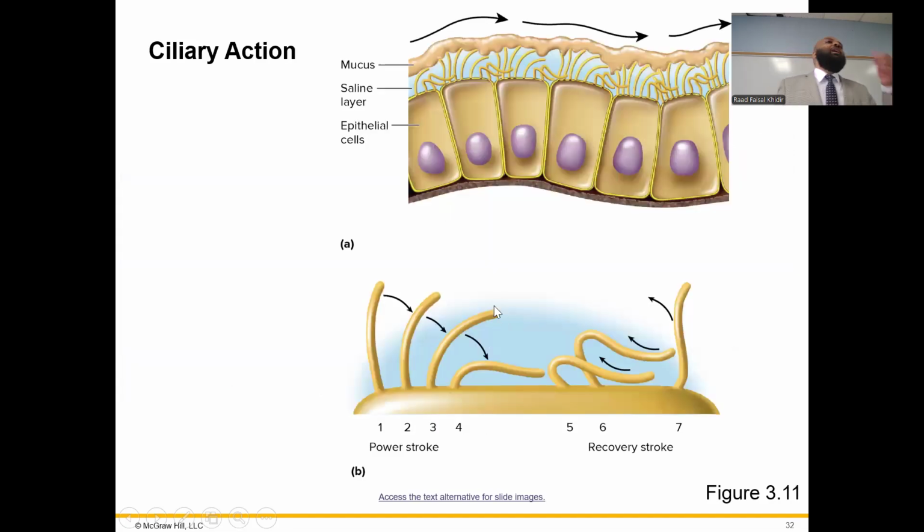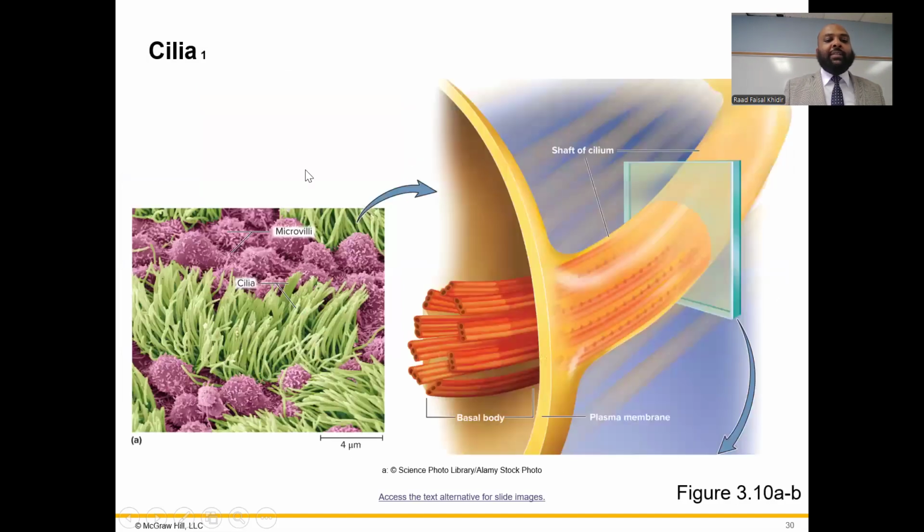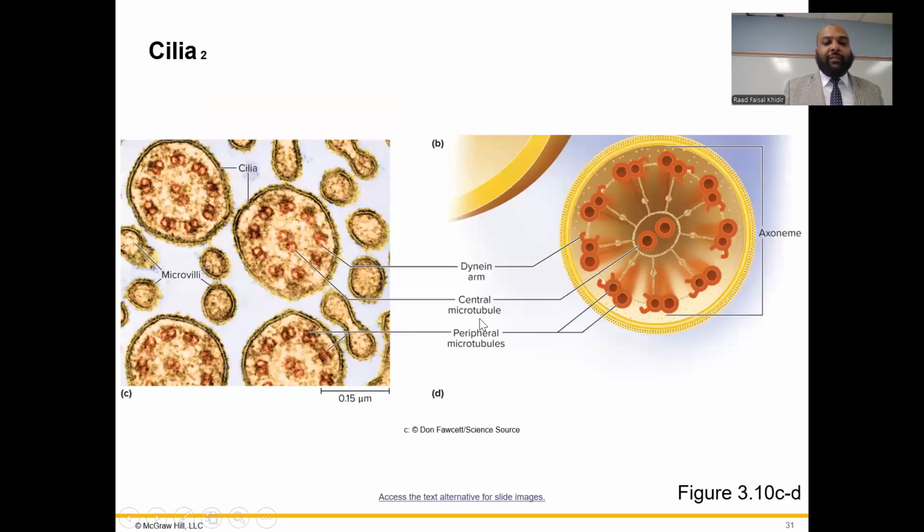So in the microvilli, we had microfilaments. You see, we had microfilaments in the microvilli, but in cilia we don't have microfilaments. We have microtubules. So these are like the exam questions. So that's what you're going to be asked. Even though cilia and microvilli are important because they are structures that are evaginations, how are they different?